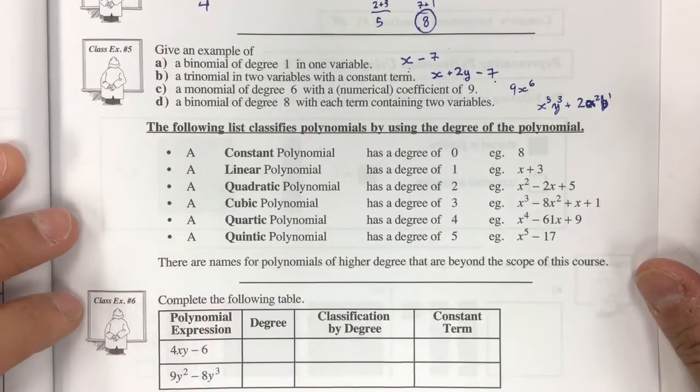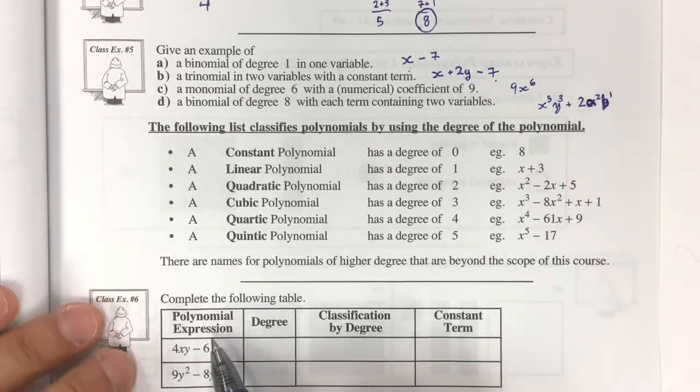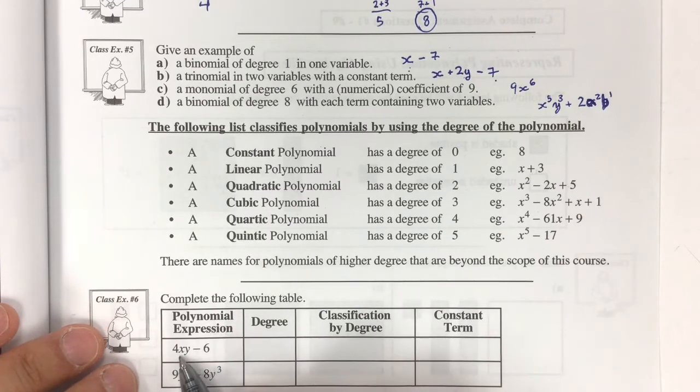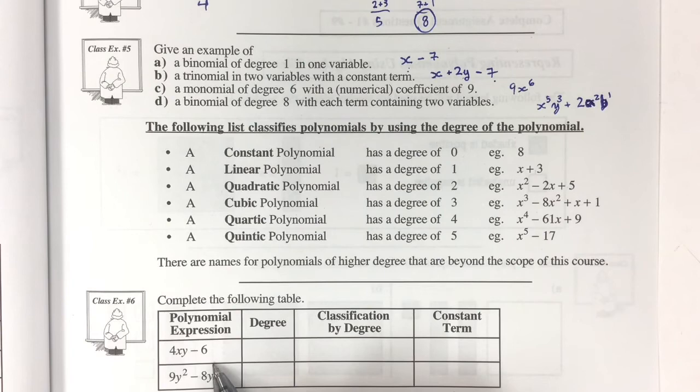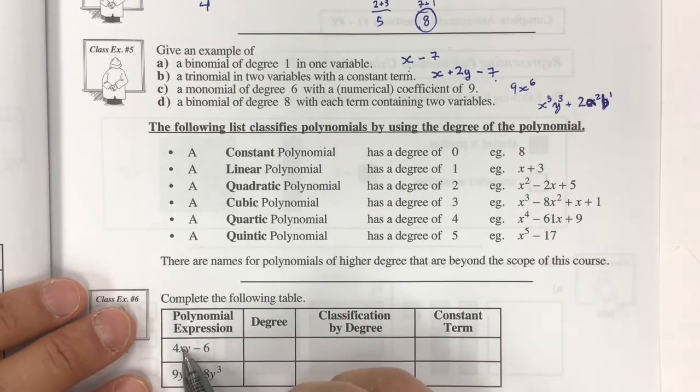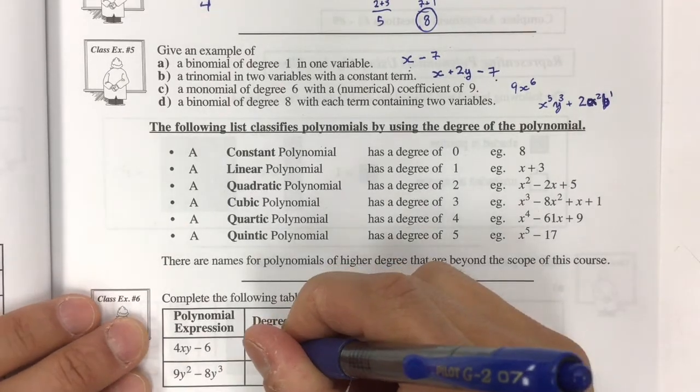Class example number 6, complete the following table. My polynomial expression is 4xy minus 6, and we want to express what the degree of this polynomial is going to be. So first of all, xy, this would be a degree of 2.